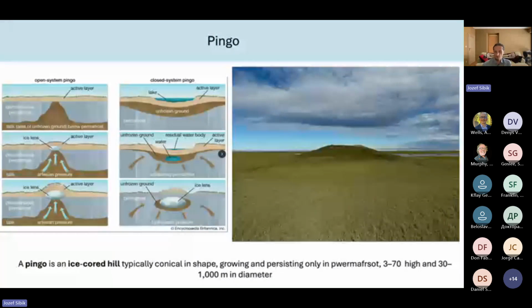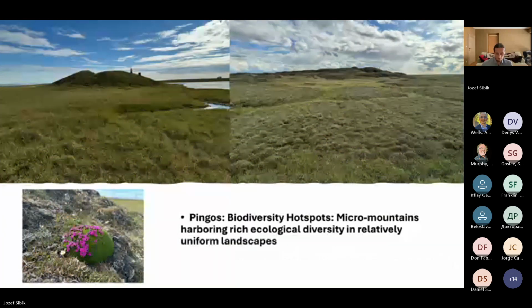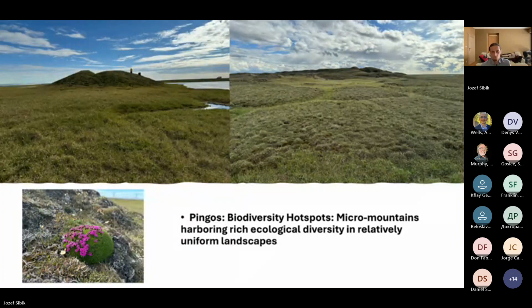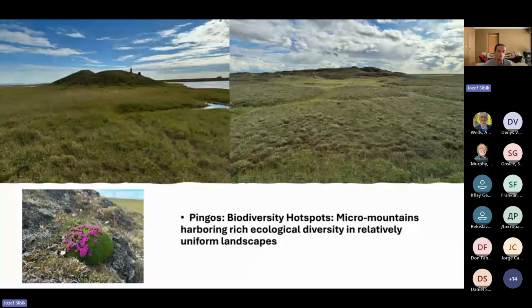They can be from 3 up to 70 meters high and in diameter maybe 30 meters up to 1 kilometer. However, these pingos are diversity hotspots in a relatively species-poor environment, and they serve as macro mountains that are harboring rich ecological diversity in relatively uniform landscapes.